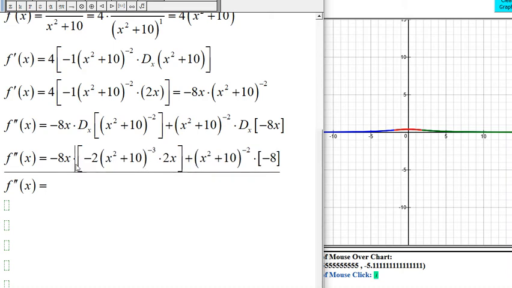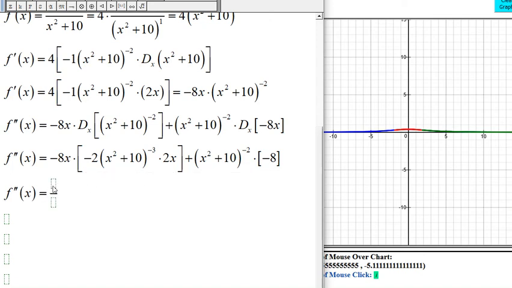So that's all we had. Now we have negative 8x times negative 2, and then times 2x, which is 32x squared.